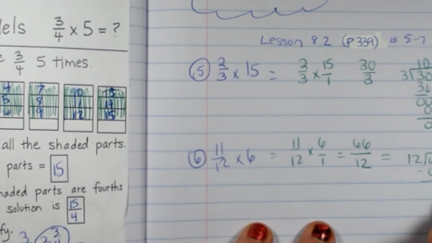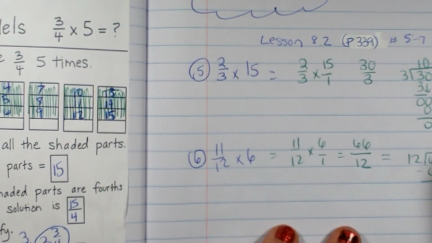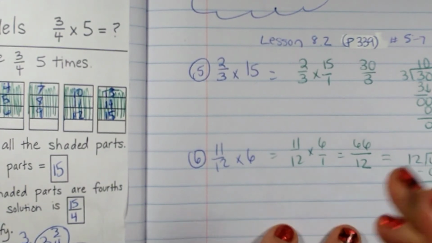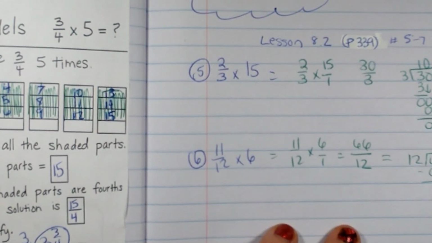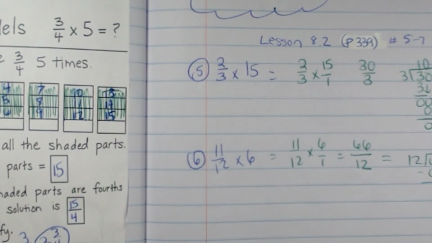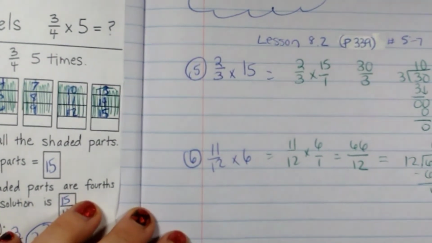That would be 12 times 5. So my answer is 5 6/12. I have a feeling I might have to simplify that, so I'm going to go back to my simplifying questions. My first question is is it half? 6/12 does go to 1/2 because 6 is half of 12. So my answer was 5 1/2.